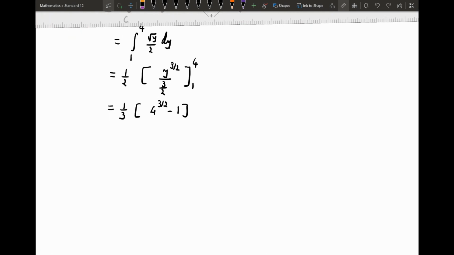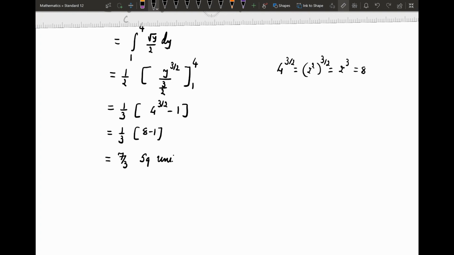So when we simplify, this is 1 by 3, and 4 raised to 3 by 2 is 2 square raised to 3 by 2, so this is 2 cube, 8. So this is 8 minus 1, so 7 by 3 square unit is the required area.